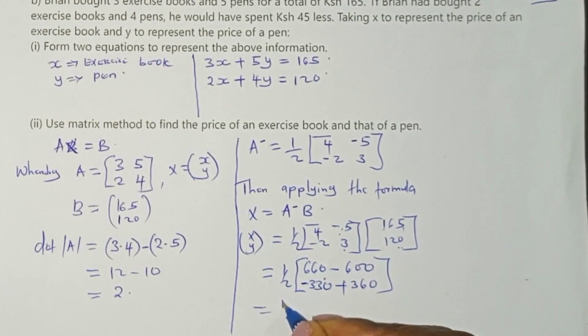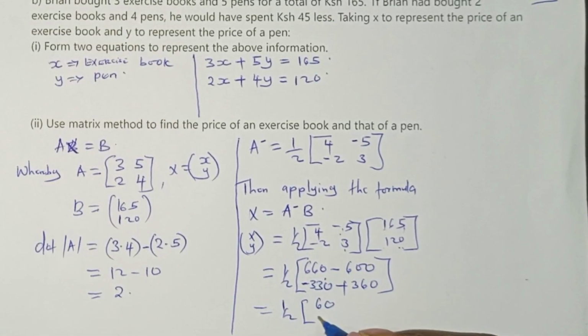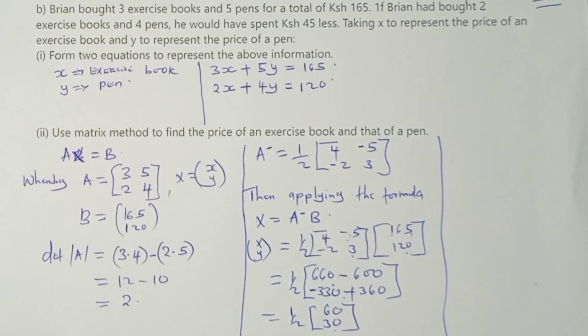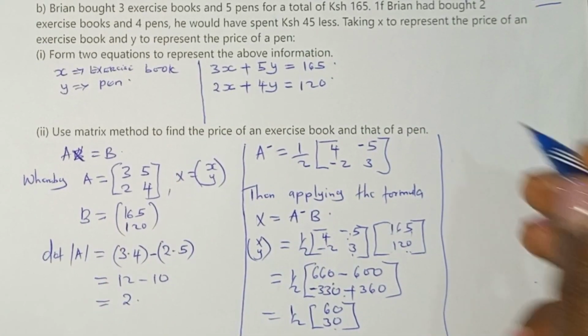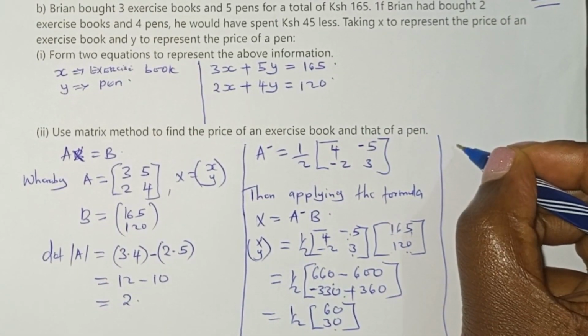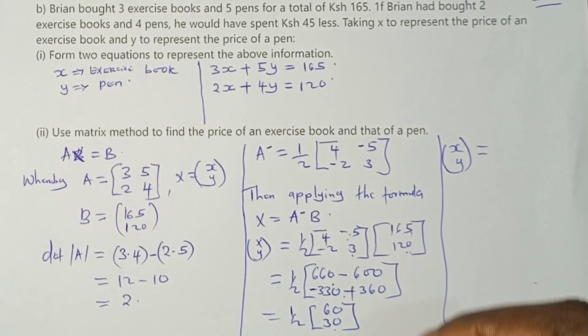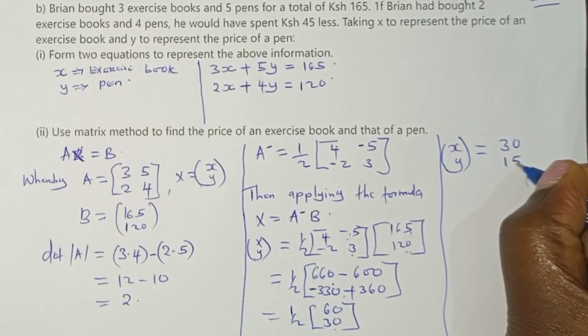So opening these brackets and simplifying, we get 60, 30. So half of 60 is 30, and half of 30 is 15.